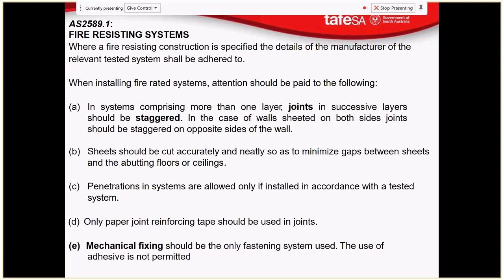So obviously, with this first walling system, we can have a very thin wall. Actually the minimum is 70 by 35 mil studs, but let's say they're 90 mil studs, and then 13 millimetre fire check either side. So 52 millimetres plus 90 millimetres, so 142 millimetres total width of that walling system.